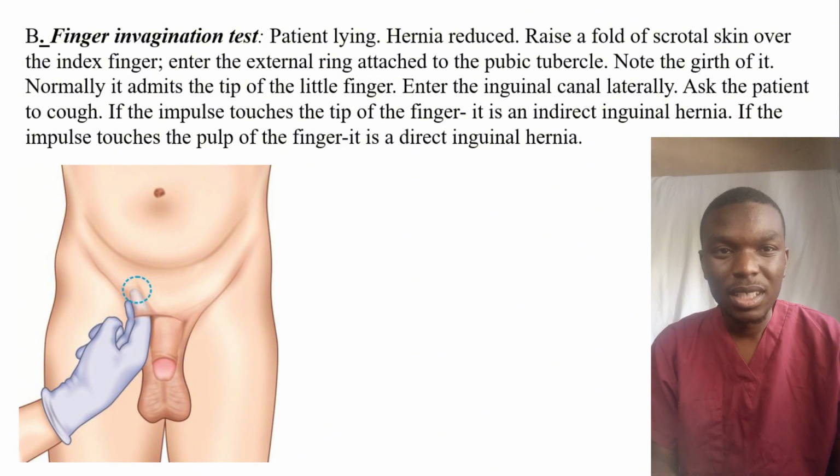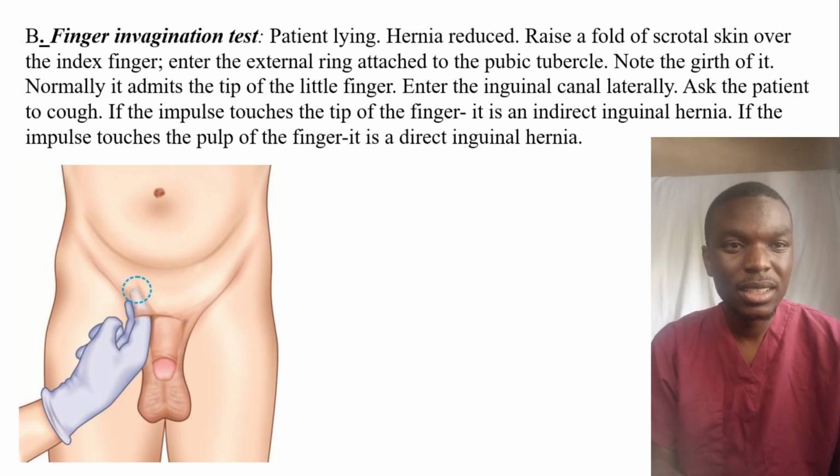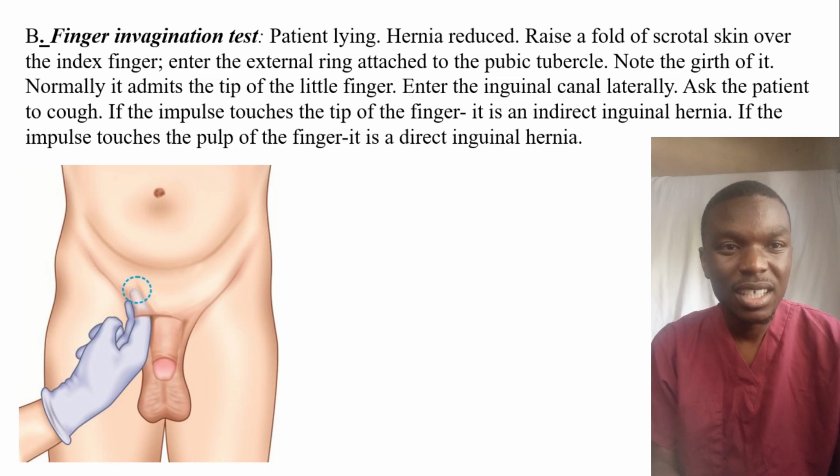The next one is the finger invagination test. Same thing, the patient will lie flat, supine, then you reduce the hernia, and then raise a fold of the scrotal skin over the index finger, enter the external ring, and attach to the pubic tubercle.